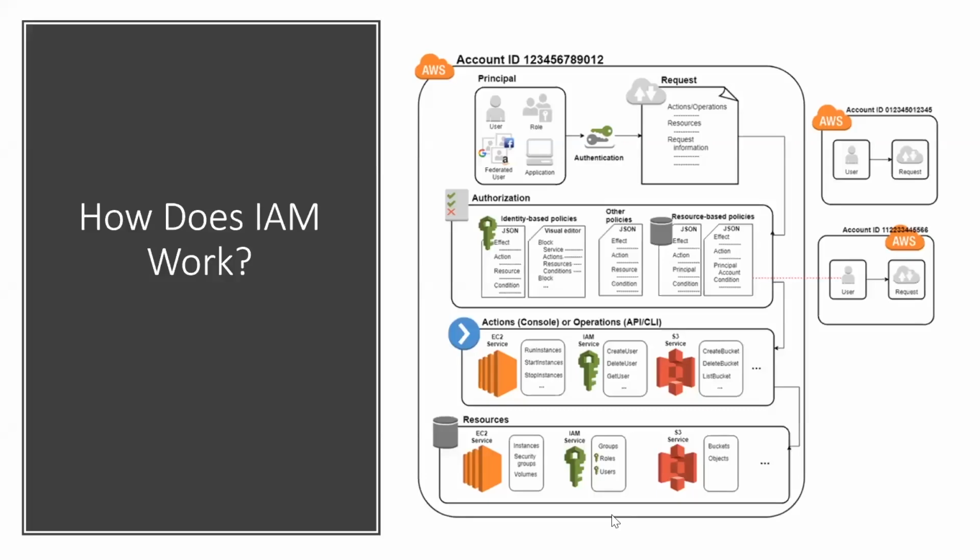Other than that, he will not be able to perform. Let's say a person will not be able to delete a virtual machine, or an EC2 instance, or delete or modify the S3 bucket. Those kinds of policies can be created based on the resource.